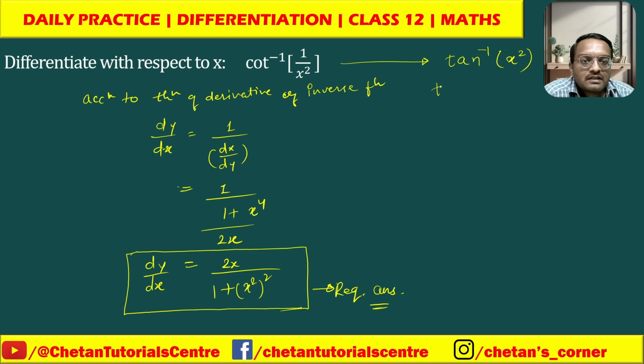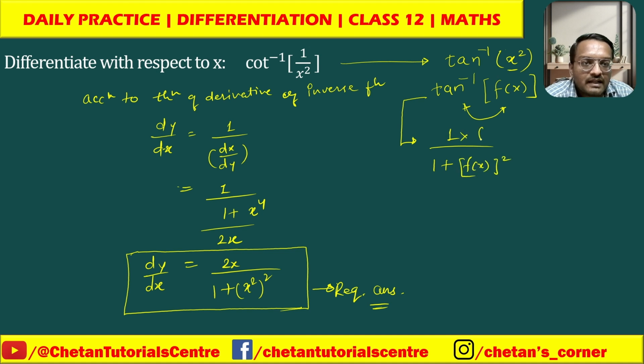Then this becomes tan inverse of f of x, so this becomes a composite function. So the derivative of tan inverse is 1 upon 1 plus f of x bracket square multiplied by f dash of x. So f dash of x upon 1 plus f of x bracket square.